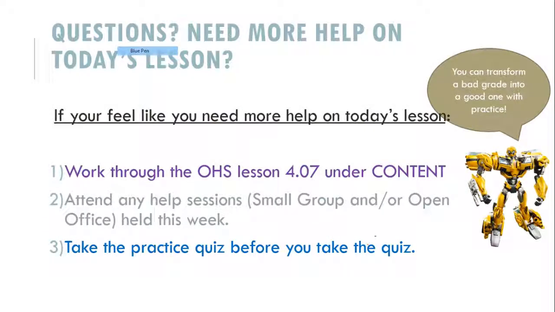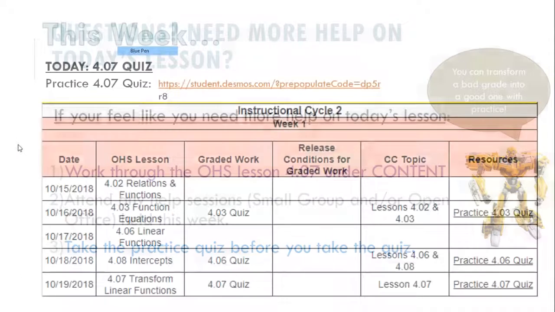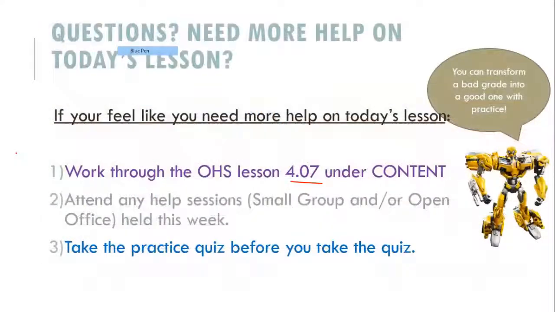All right, if you still have some questions on today's lesson, you can work through the OHS lesson 4.07 under content. There's also the learning targets spreadsheet, where you could go and watch another video if you still feel really confused.